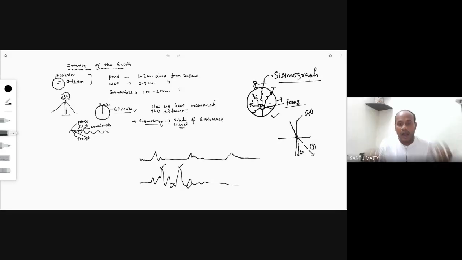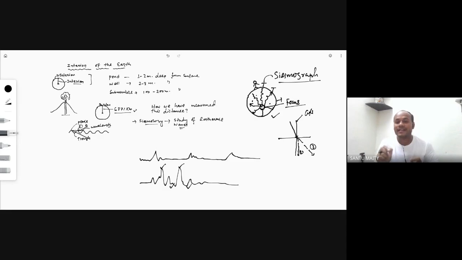Now, how can we understand the interior of the earth based on that wave? We have placed a certain instrument known as a seismograph at the earth's surface in multiple locations. In the seismograph, the waves are recorded in the form of electrocardiogram-like graphics, as you can see on the screen.